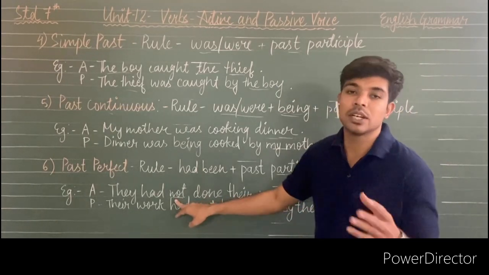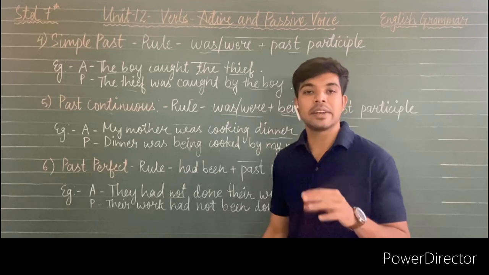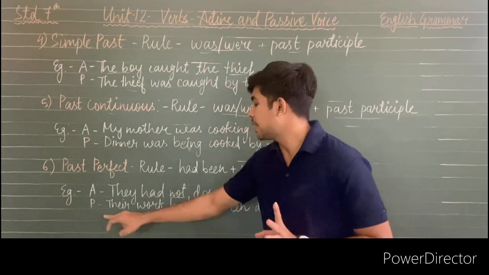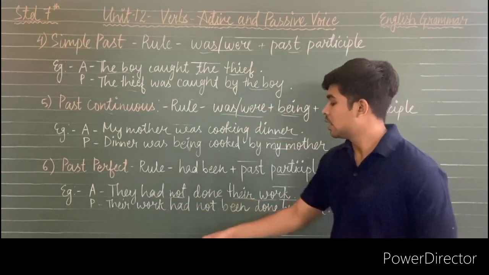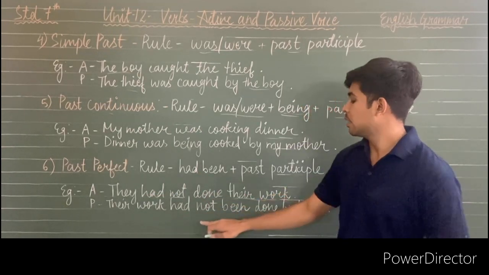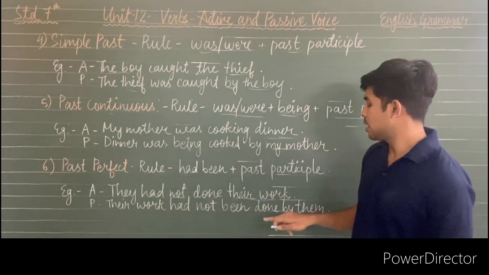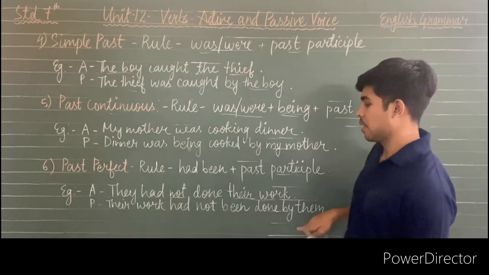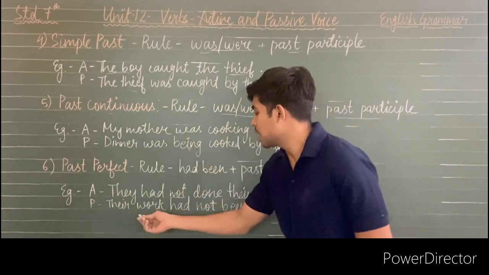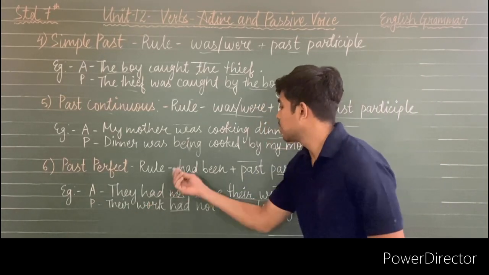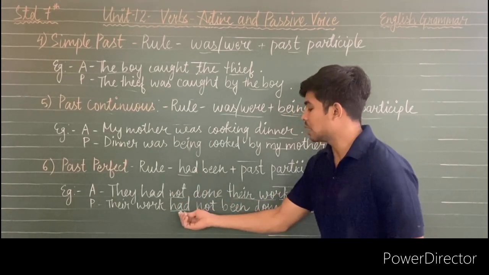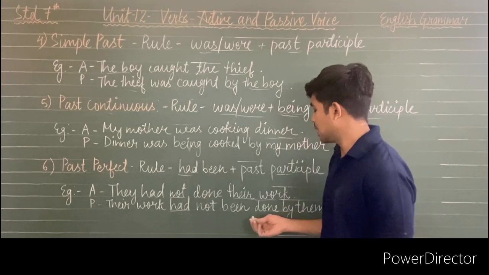So the same thing we will do for the passive also. We will add not in between the main and auxiliary verb. So we have done it like this: their work, which was the object, taken from here, from the rule, had not been done by them. Them, which was the subject, becomes the object at last. Had is the auxiliary verb and been is also auxiliary.